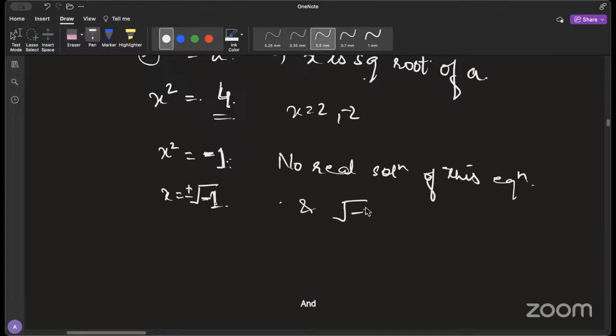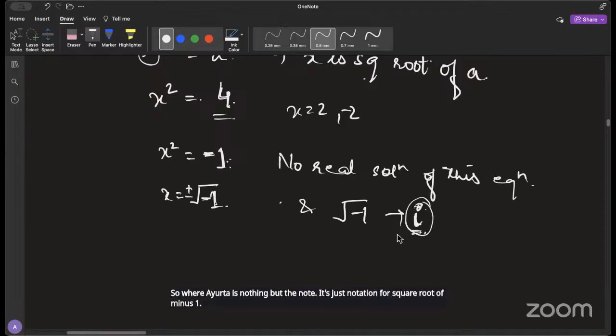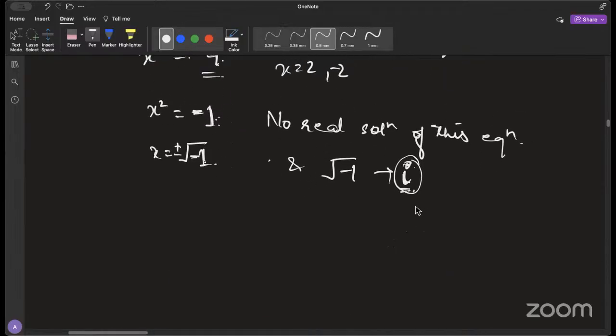This square root of minus 1 we call iota. This is just notation for the square root of minus 1. And when you have iota involved, your real numbers are just these.